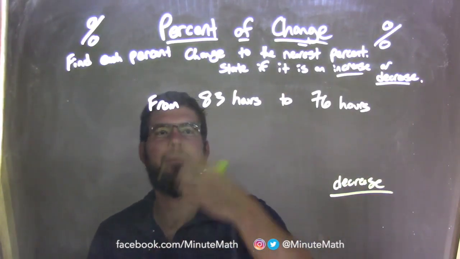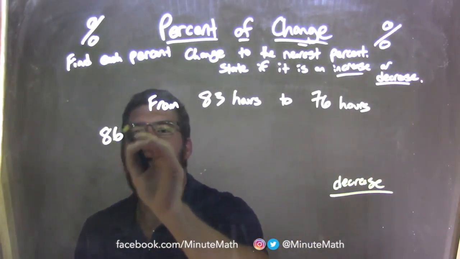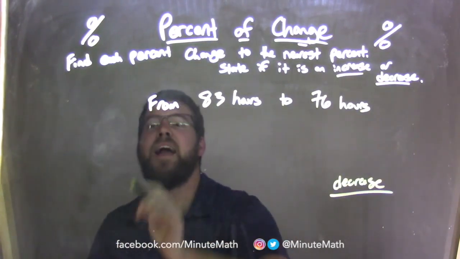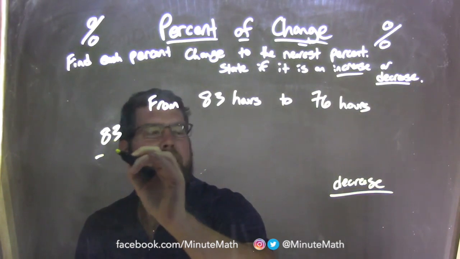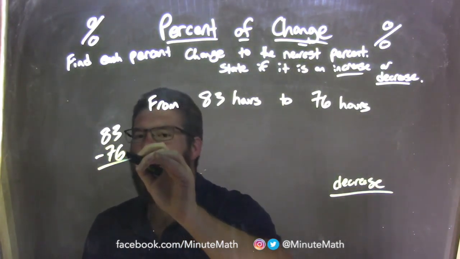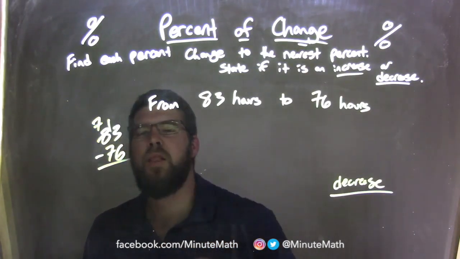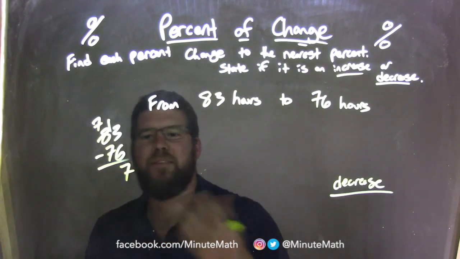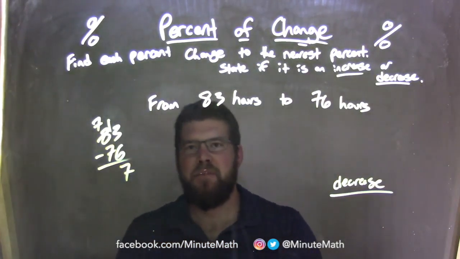Take the larger of the two numbers. 83 is bigger. So 83 minus 76. 3 is not as big as 6, so we make that a 7 and bring the 1. 13 minus 6 comes out to be 7. 7 minus 7 is 0. And so now we just have a 7.